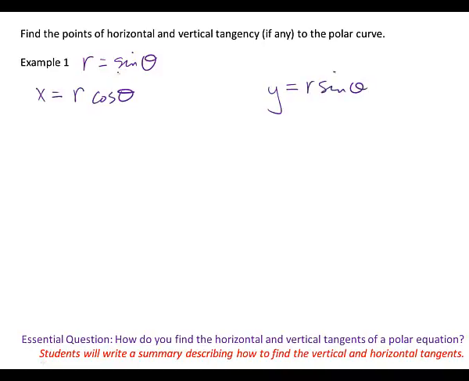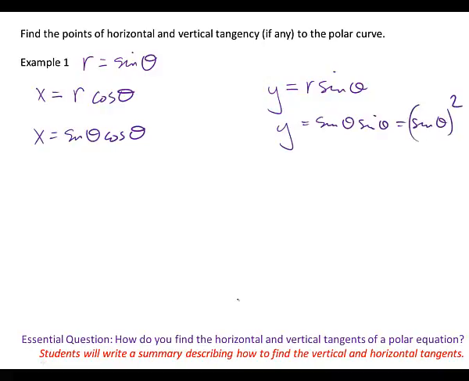So you have to substitute your function into that before we can take the derivative. So I'm going to get that x equals sine theta times cosine theta, and y equals sine theta times sine theta, which is really sine squared theta.